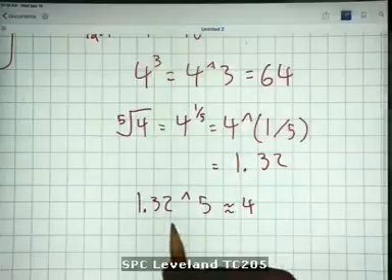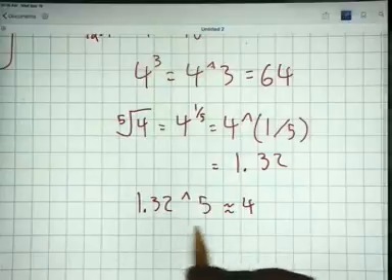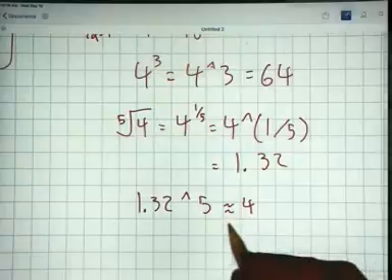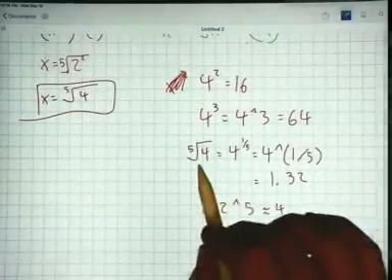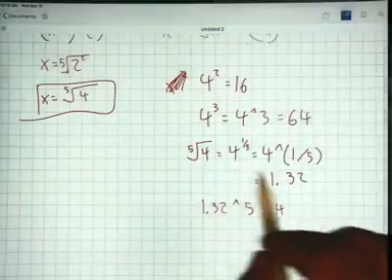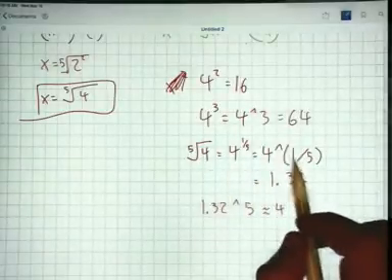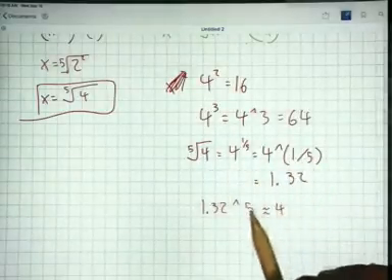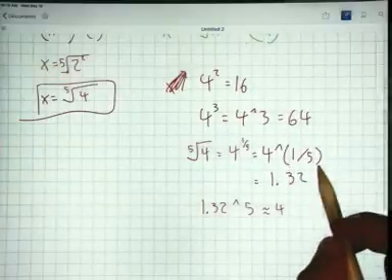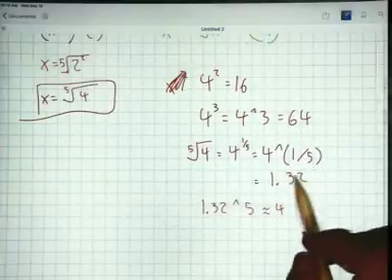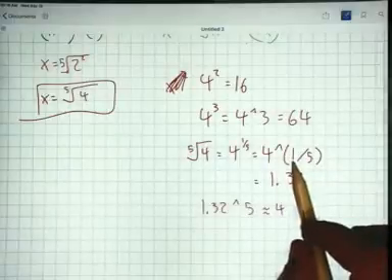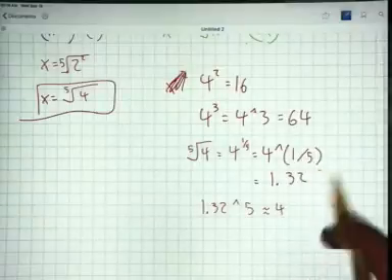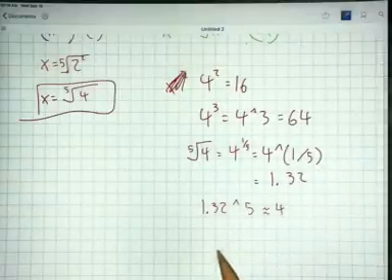There are probably more decimal places. That's why I use the approximate symbol. But that's how you take the 5th root of something: you raise it to the 1/5. Make sure these are in parentheses in your calculator, because if you don't, you're going to do 4 to the 1, which would be 4, then divided by 5, which is not going to be the 1.32.